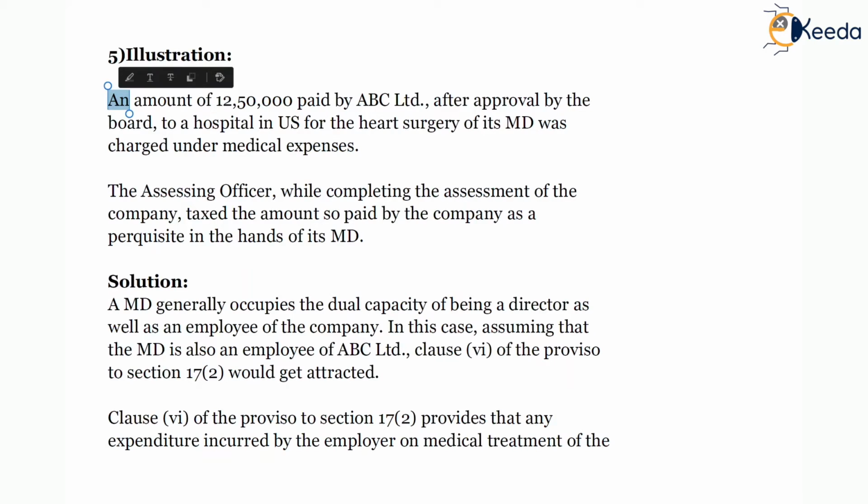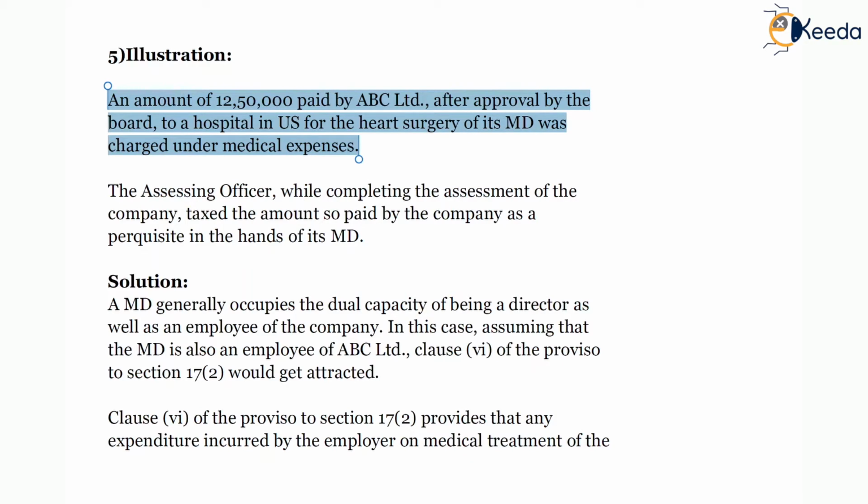On your screen, an amount of 12,50,000 paid by ABC Limited after approval by the board to a hospital in US for the heart surgery of its managing director was charged under medical expenses.